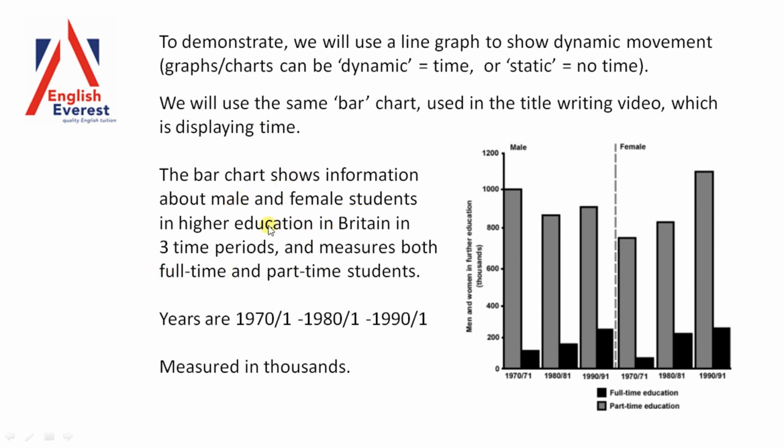Male and female students in higher education in Britain across 3 time periods, both full and part-time students. These are the years, these are the units. If you haven't watched the previous video about paraphrasing the title, there'll be more focus on this in that, so my advice is to go back and watch it, or watch it after this.